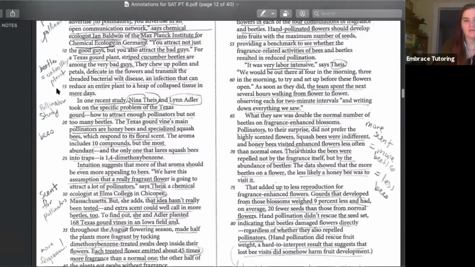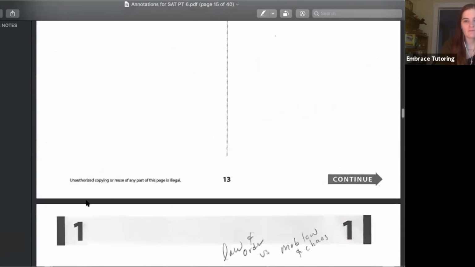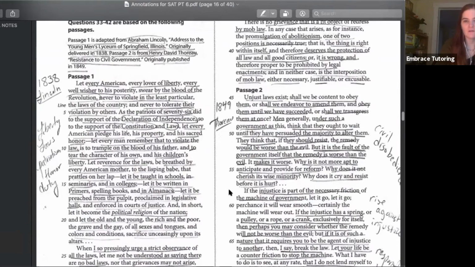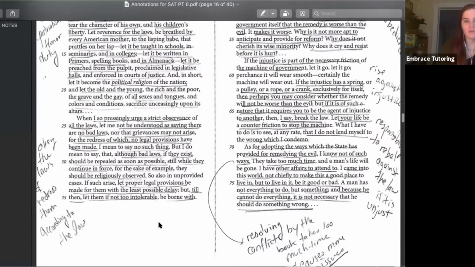Here, again, I'm noting different sections of the text, and between the two different passages, contrasting the overarching idea, law and order versus mob law and chaos. Who it's by, again, the same thing here, key notes about them.